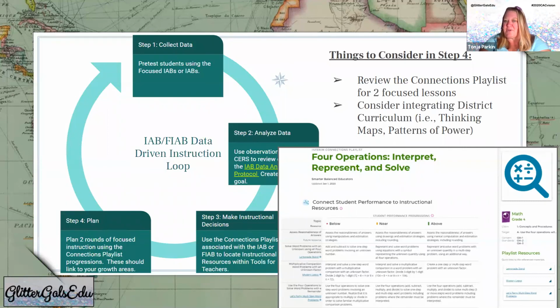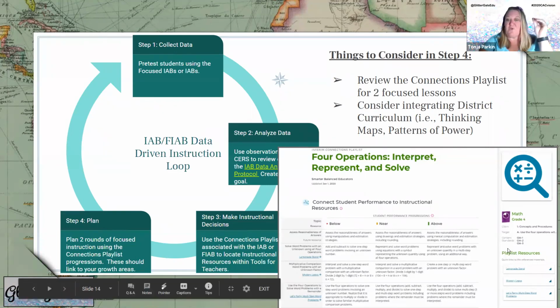That was one of our brainchild proud moments. Every lesson in the tools for teachers website, every single resource that's in there has differentiation built in. So for your at standard, above standard, and below standard learners. The other big piece that we really strove to hit home is that differentiation does not mean that we should be providing a different grade level of instruction.